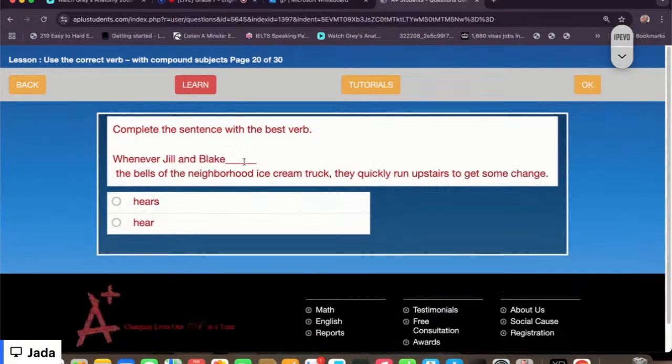So whenever Jill and Blake dash the bells of the neighborhood ice cream truck, they quickly run upstairs to get some change. What do you think?